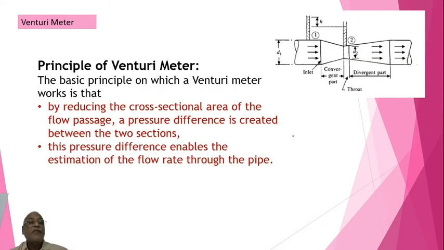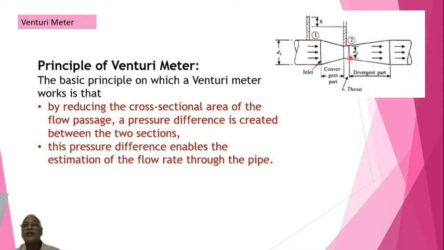Okay, principle of Venturimeter. On what principle does the Venturimeter work? The basic principle is that by reducing the cross-sectional area of the flow passage, a pressure difference is created between the two sections, section 1 and 2.